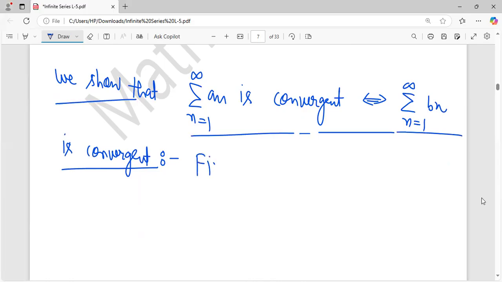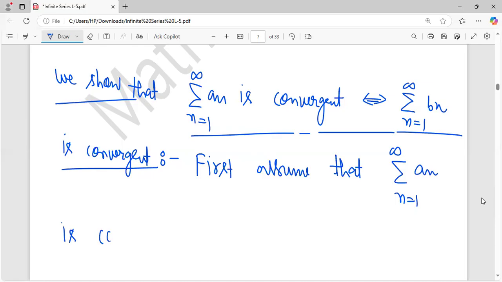Now first assume that this series summation a_n is convergent.